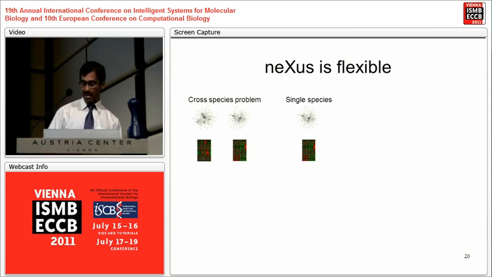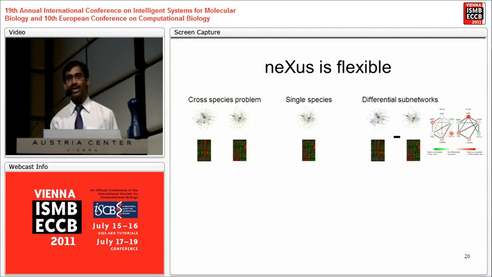Also, another interesting thing is we can find subnetworks in the two species, but these subnetworks show different behavior in the two organisms. That is also possible with Nexus, and I have shown you one example case where if you look at the genes, they show opposing behavior in the two species.